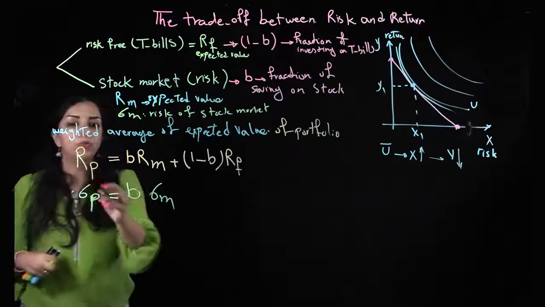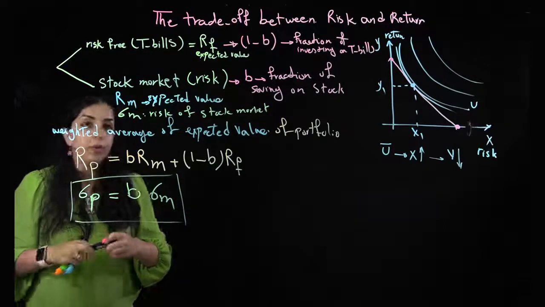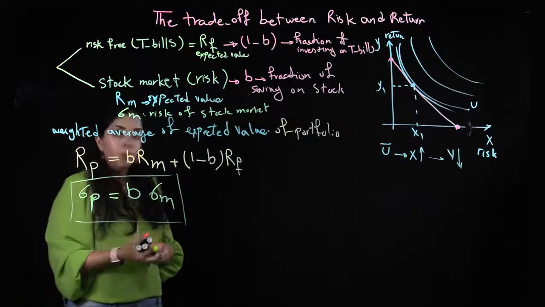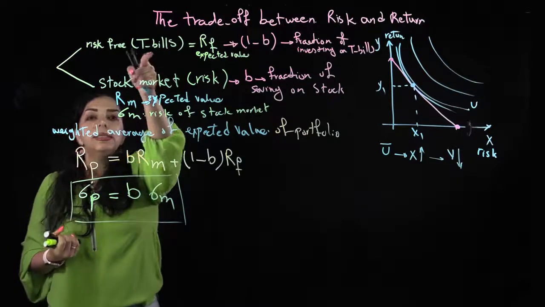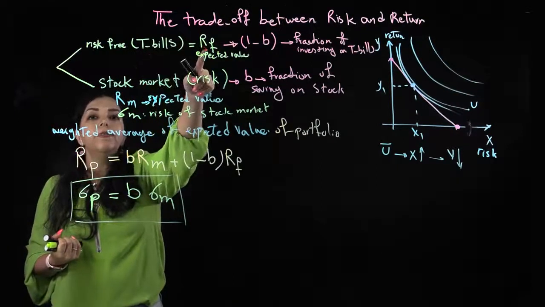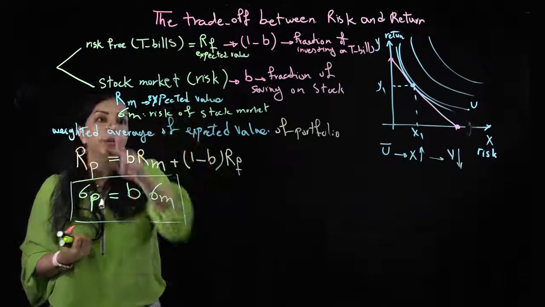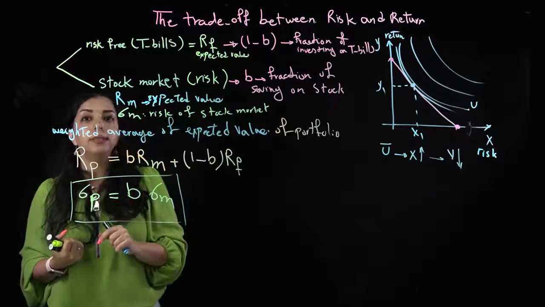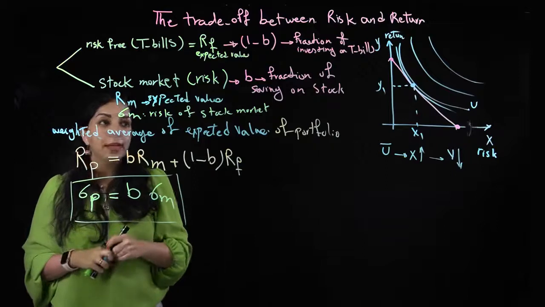So now I want to prove this formula for you. Before proving the formula, I have to give one more definition. Since this is the risk-free asset, RF, the expected value of the return is equal to the actual value of the return. But for the stock market, since we have the risk concept, the expected value is different from the actual value.